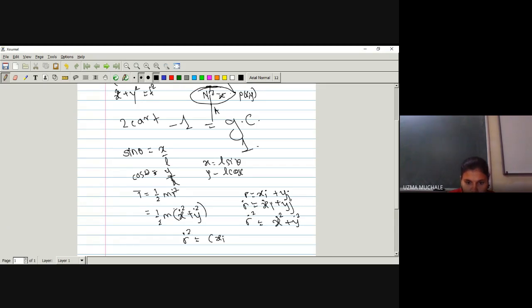R dot square is x dot i plus y dot j into again x dot i plus y dot j. Inner multiplication: x dot times x dot is x dot square. I dot i is 1. I dot j is 0. J dot i is 0. J dot j is 1. The coefficient is y dot, y dot, that is y dot square.